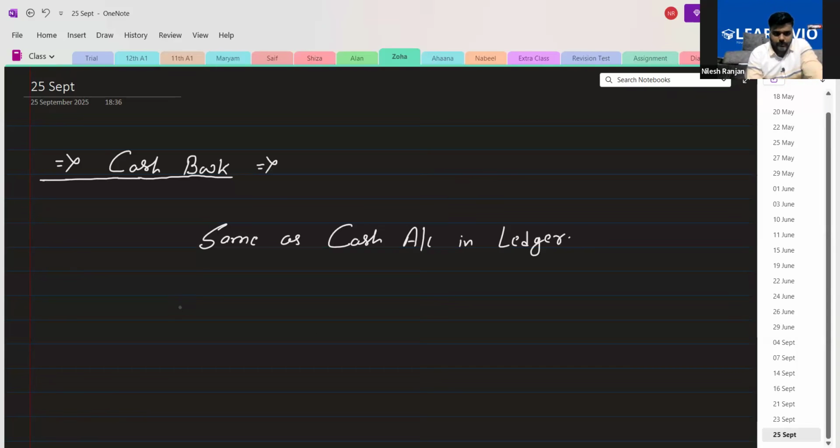So that's why it is called subsidiary book and principal book both. Sometimes it is asked in objective type questions whether cash book is principal book, subsidiary book, or both. So it is principal book and subsidiary book. Okay.